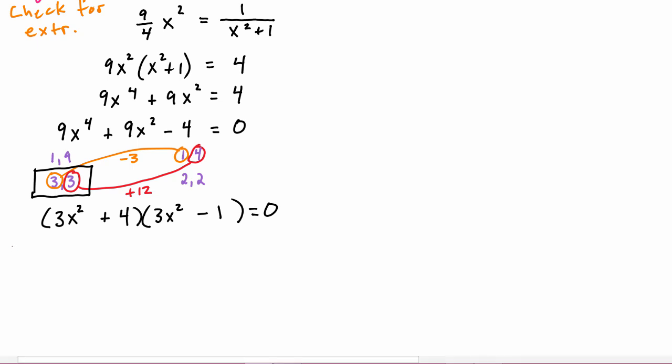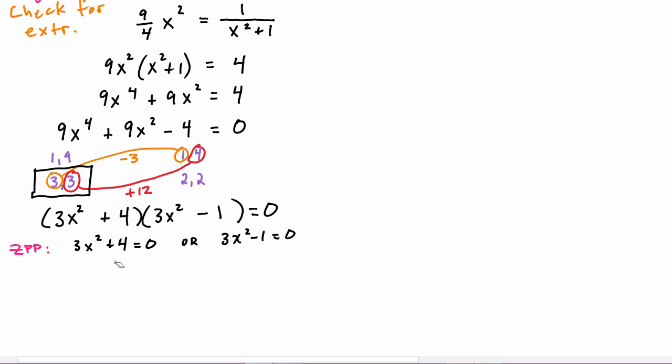Next, we will apply the zero product property. And we have that 3x squared plus 4 has to equal 0, or 3x squared minus 1 has to equal 0. Let's solve this first one.